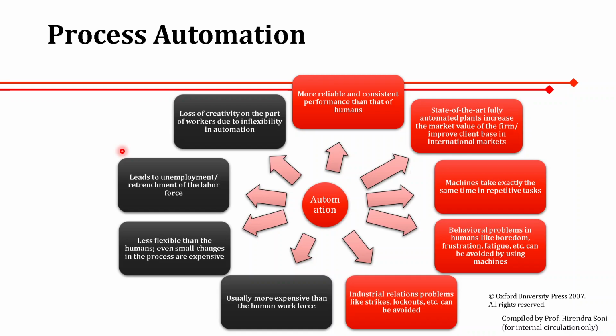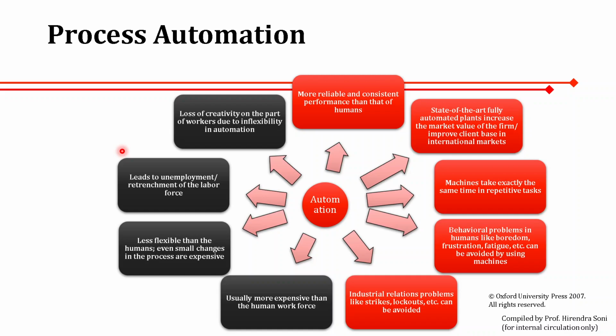First, the process should be repeatable. If the process is repeatable, then you can definitely go for automation. If the process is not repeatable, or the variability in the process itself is very high, or the process is very complex, then you won't be able to automate.